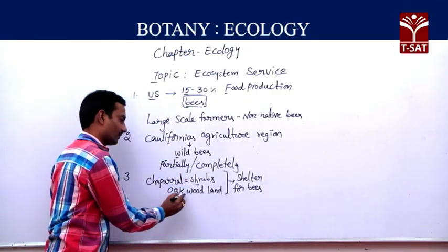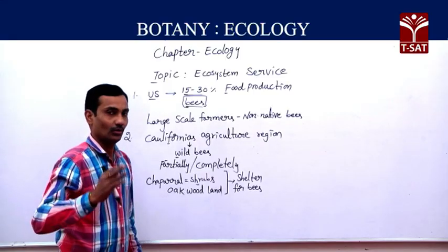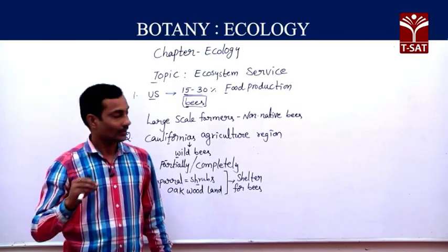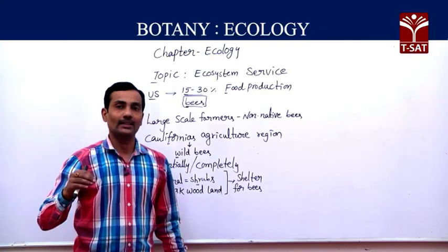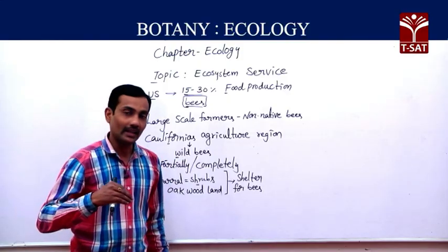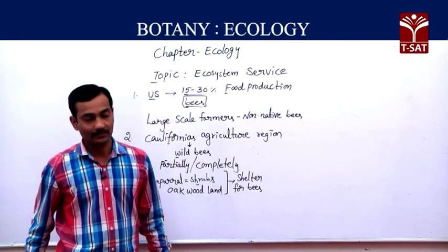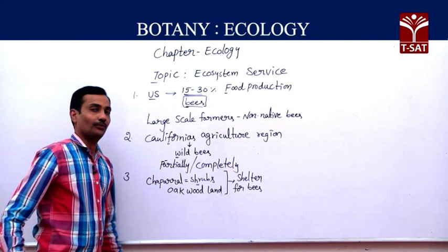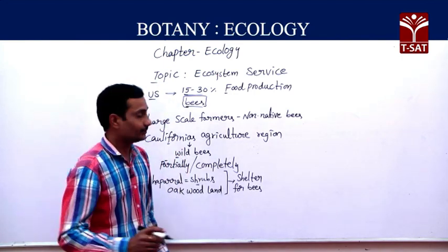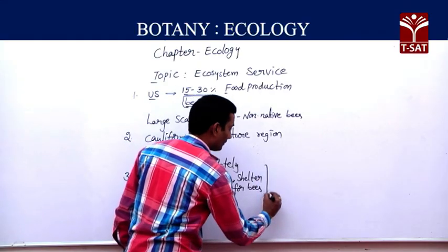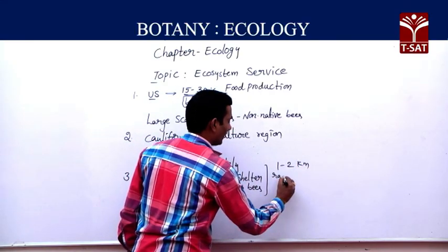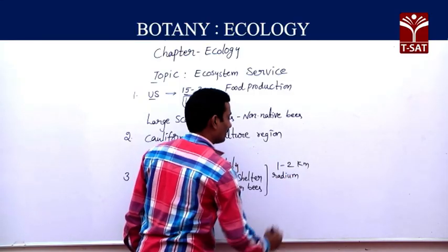These plant community areas provide habitat for bees. These two kinds of plant communities cover a 1 to 2 kilometer radius around them for the pollination mechanism.